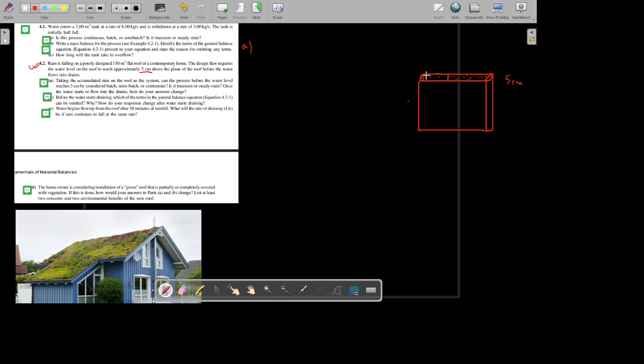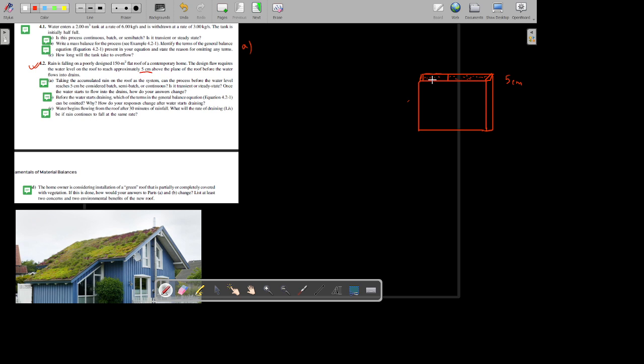When something is accumulating, nothing is removed, water is not falling, it is still accumulating till 5 centimeter is reached. So before it reaches 5 centimeter, the process will be a batch process, because there is an input rate but no output rate. Output flow rate is not there, output is zero. So as water is accumulating, the process will be called a batch process.